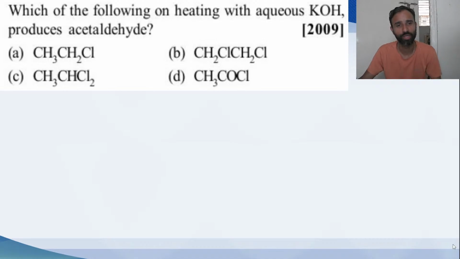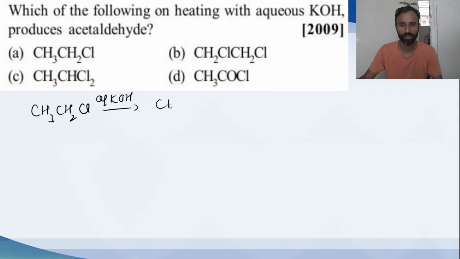Which of the following on heating with aqueous potassium hydroxide produces acetaldehyde? In the first case, when CH3CH2Cl is treated with aqueous KOH, we get CH3CH2OH, right?